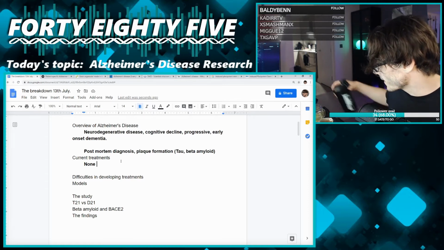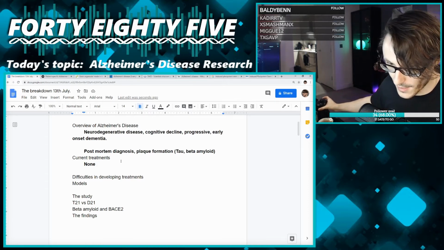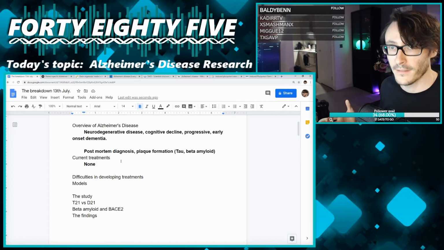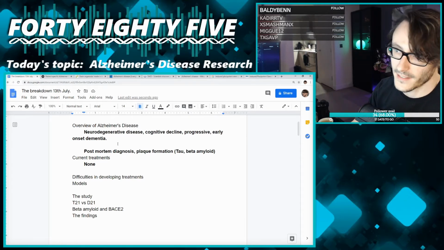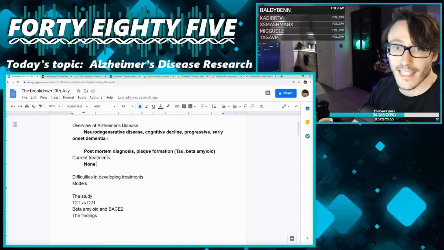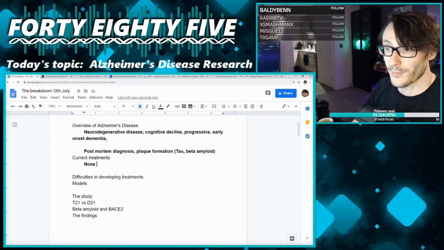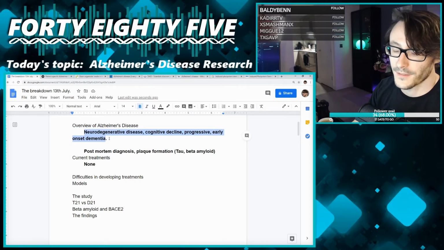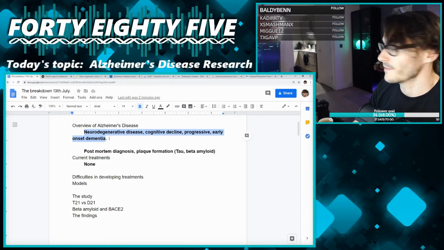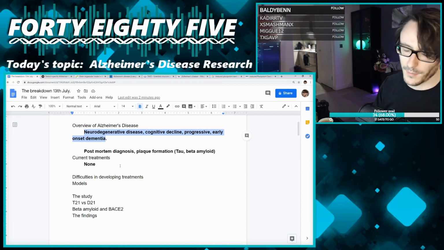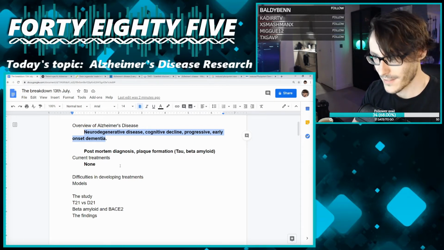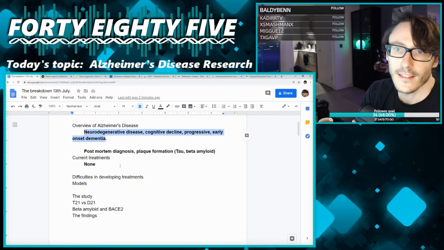And the reason that you only get a diagnosis post-mortem is because you can't sample the brain tissue very easily. If the only way to diagnose Alzheimer's disease is to have a look at the brain, you have to take a bit of the brain out in order to properly diagnose it. We don't have many options in terms of in situ visualization of these plaque formations at the moment. A lot of the scans that we do have are very expensive, so they can only be done in certain instances.